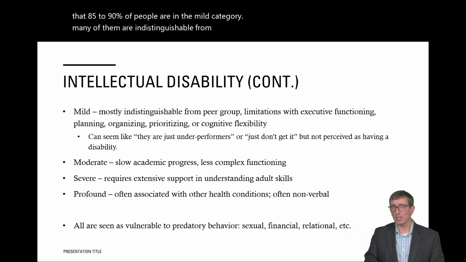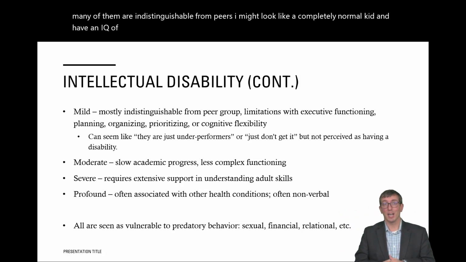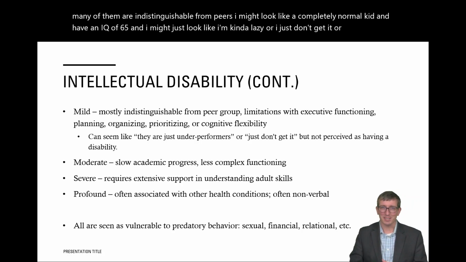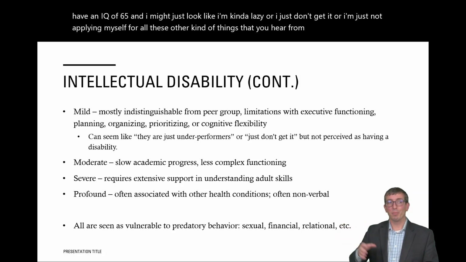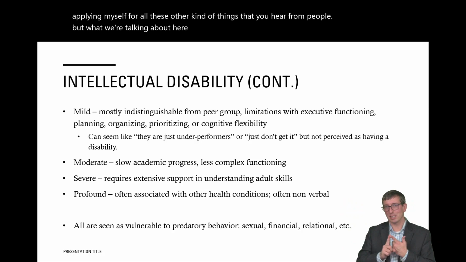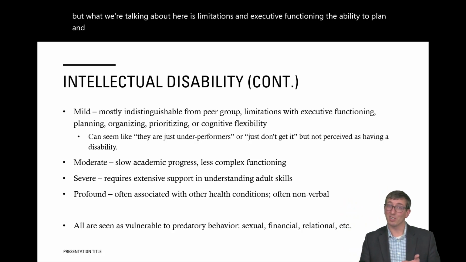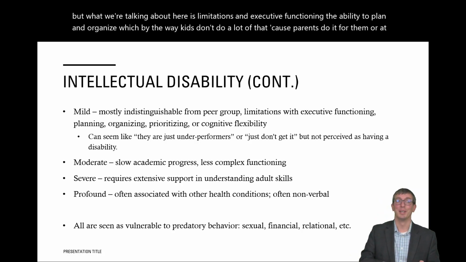I might look like a completely normal kid and have an IQ of 65, and I might just look like I'm lazy, or I just don't get it, or I'm just not applying myself, or all these other things that you hear from people. But what we're talking about here is limitations in executive functioning, the ability to plan and organize, which, by the way, kids don't do a lot of because parents do it for them, or school teachers do.